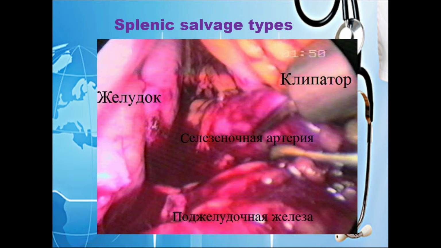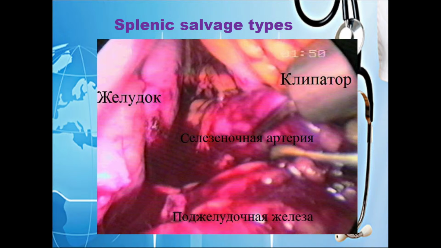So it is interesting that if we want to spare the spleen, to leave it, not to remove it, we should make a ligation not close to the spleen. That is how we give an opportunity of blood supply to the spleen.